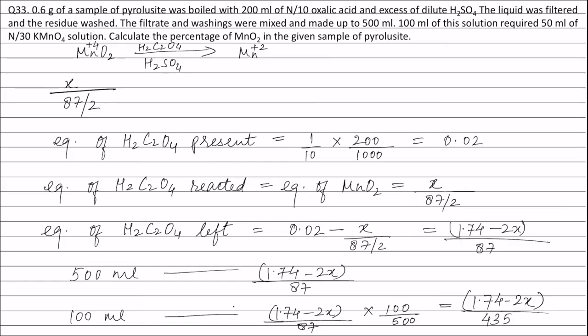Now, this 100 ml solution required 50 milliliters of N by 30 KMnO4 solution. Therefore, equivalents of oxalic acid in 100 ml solution, that is 1.74 minus 2x divided by 435, is equal to equivalents of KMnO4.